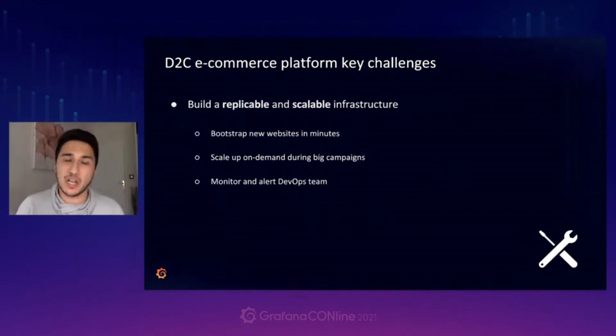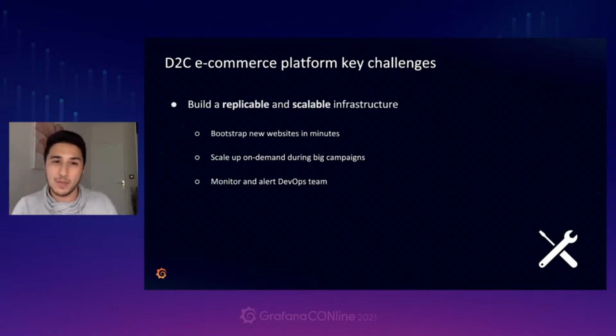The second key challenge that we have is building a replicable and scalable infrastructure. We have 80 affiliates. We need to be able to deliver a strong e-commerce platform to all those affiliates in minutes. So we have built a platform to be able to bootstrap new websites in minutes.